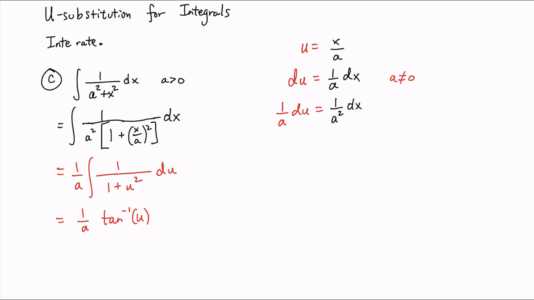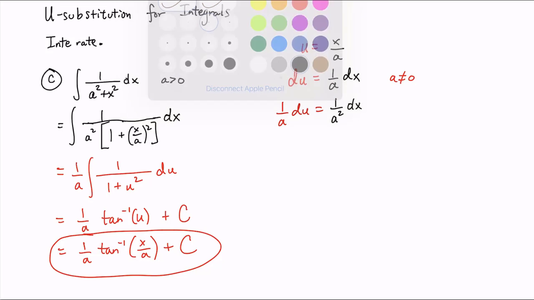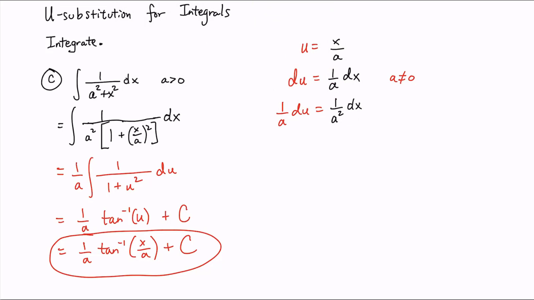But what's u? 1 over a inverse tangent of x over a. And of course, we want a family of antiderivatives because this is an indefinite integral, so make sure you put a plus c there at the end. And voila. You know what? This needs to say integrate. There we go.